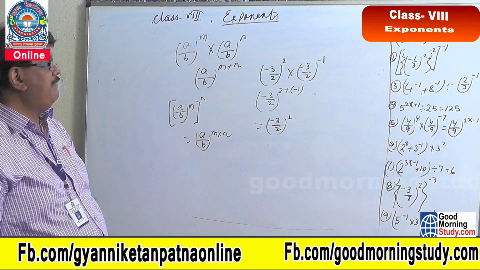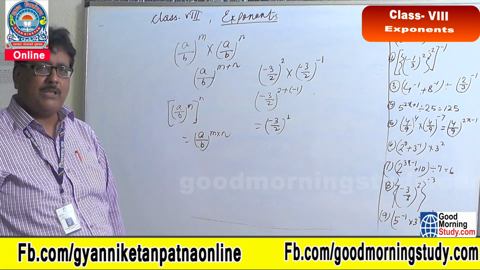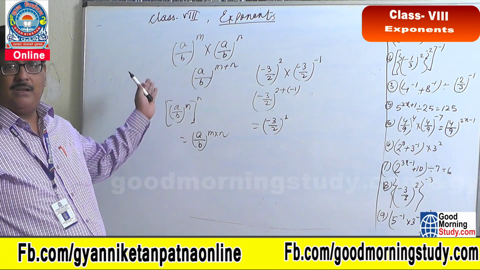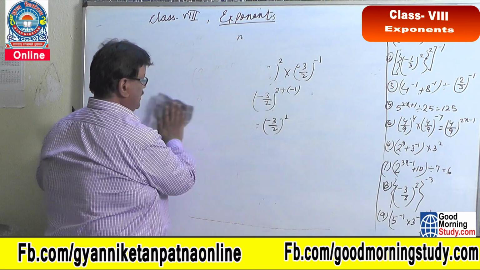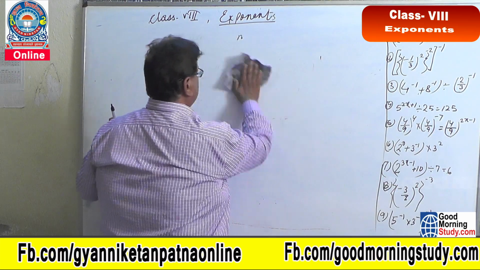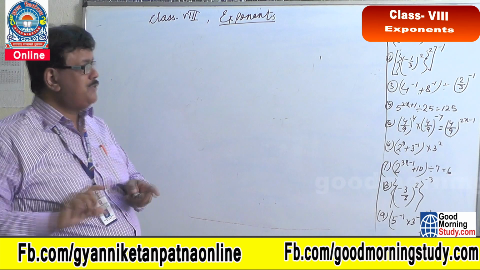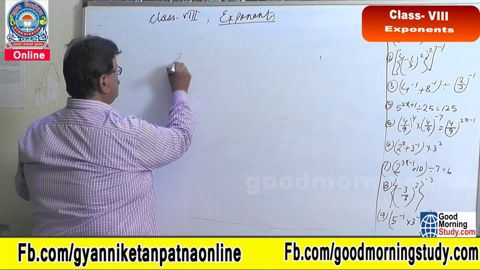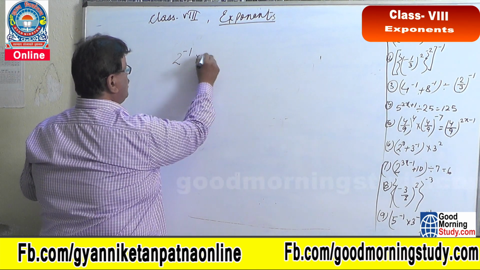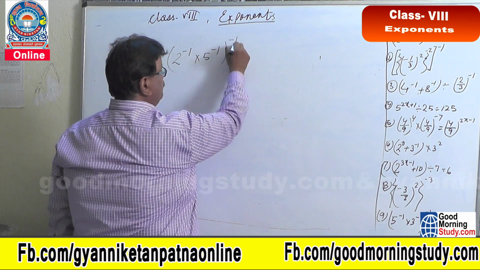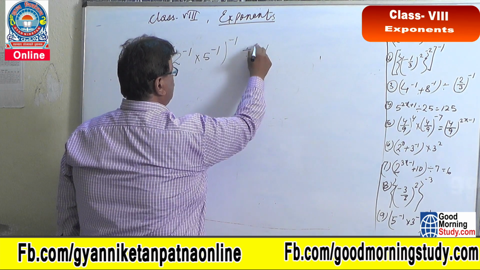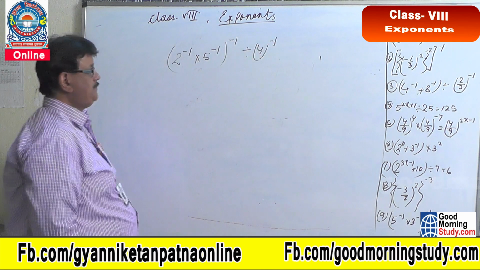Now we will discuss some examples related to the properties of exponents. Suppose we have the quotient (2 raised to the power minus 1 into 5 raised to the power minus 1) whole raised to the power minus 1, divided by 4 raised to the power minus 1.